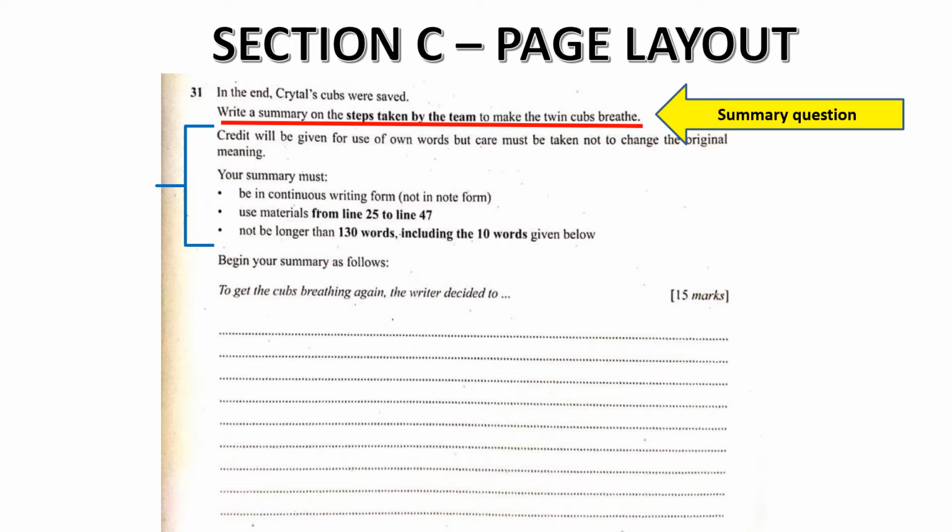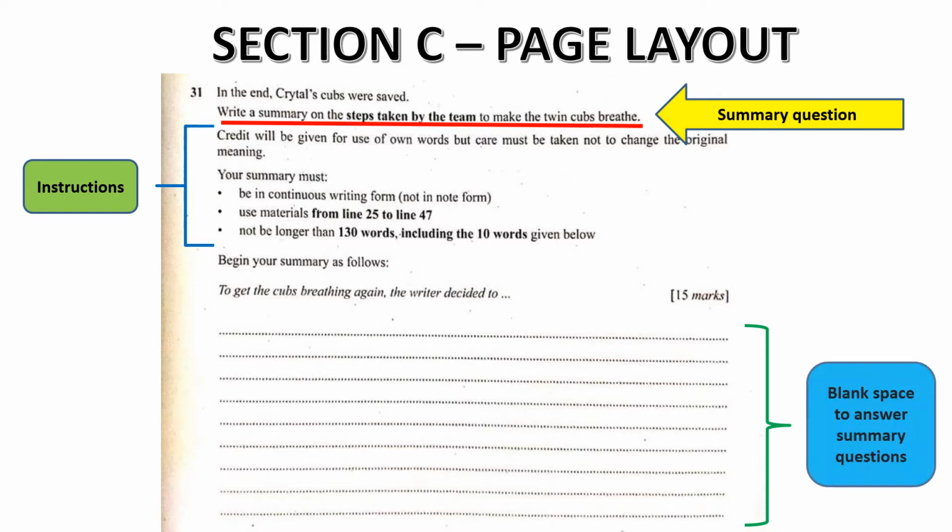Below the question will be the instructions, what you need to do. Normally they are the same thing except for the numbers, which we will see later. And finally, these blank lines are the blank space for you to answer summary questions.